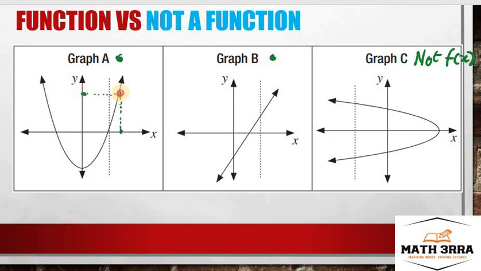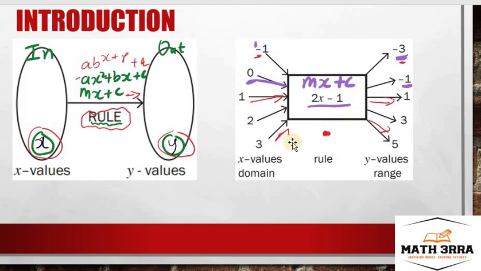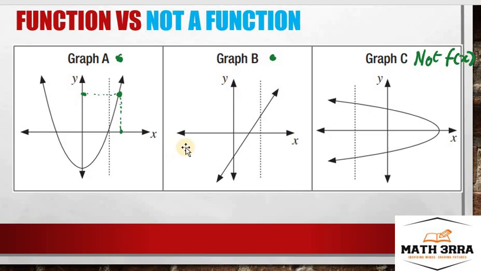Meaning, at this point on the graph, we have one input and one output, which is the same thing that we were saying in the spider web, that for every input we need to have one output. For every output we need to have an input, right? So this correlates with what we are seeing in graph A.